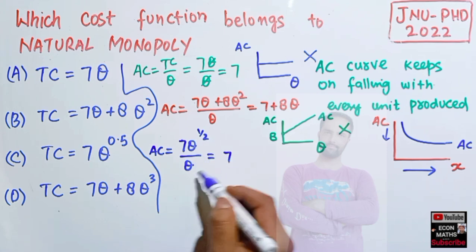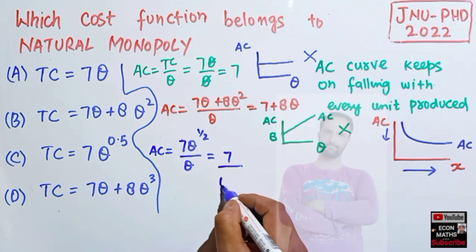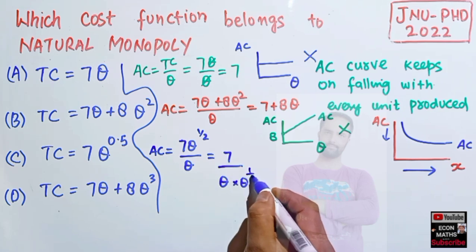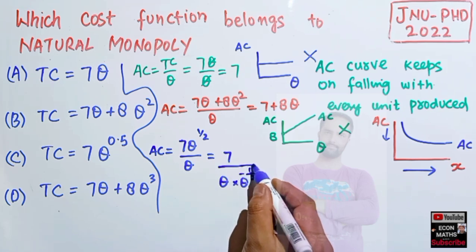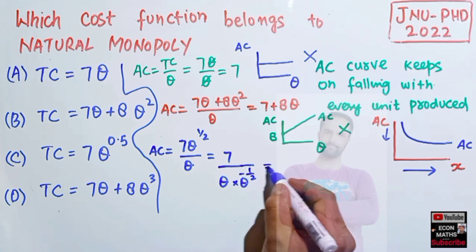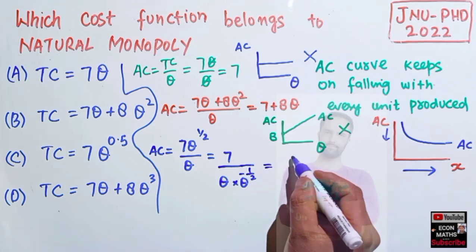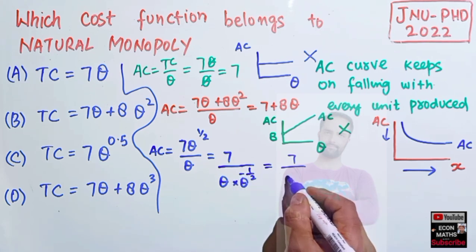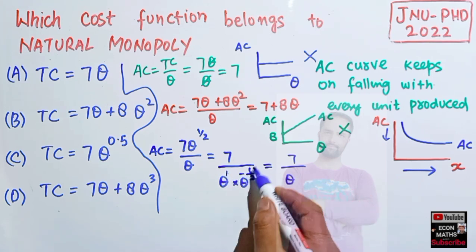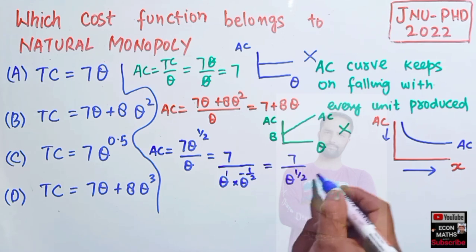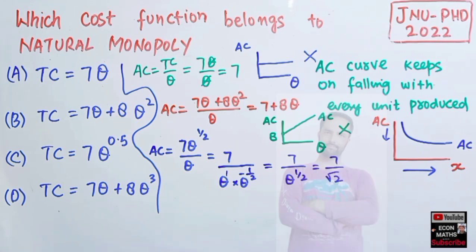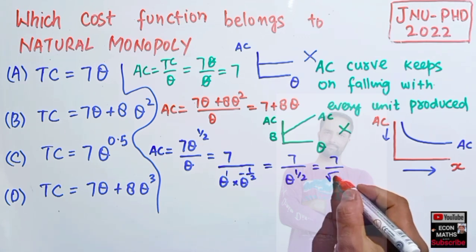If I transpose it here, it will become q times q to the power, transposing it the exponent sign will get reciprocated. So we have 7 upon, bases are same, we can add here, so we have q to the power 1 minus 1 upon 2, it will come out to be 1 upon 2. So this will become 7 upon root q here.